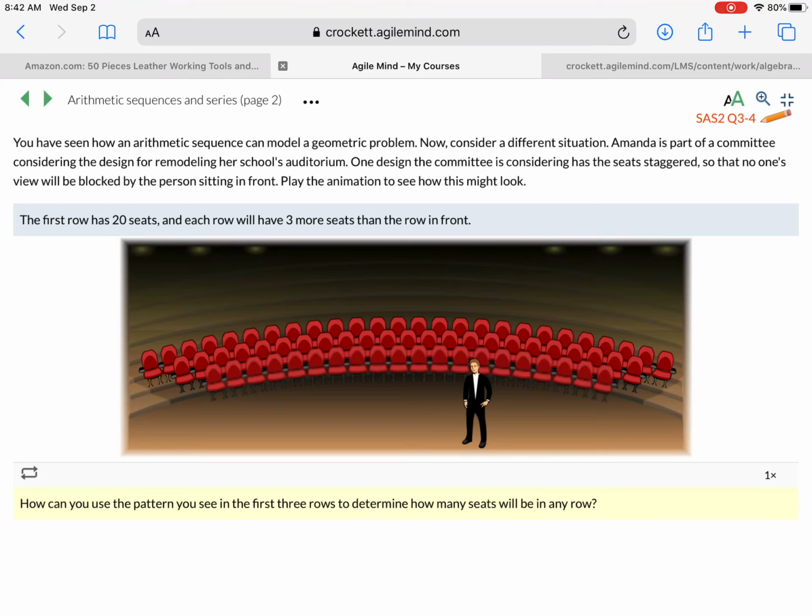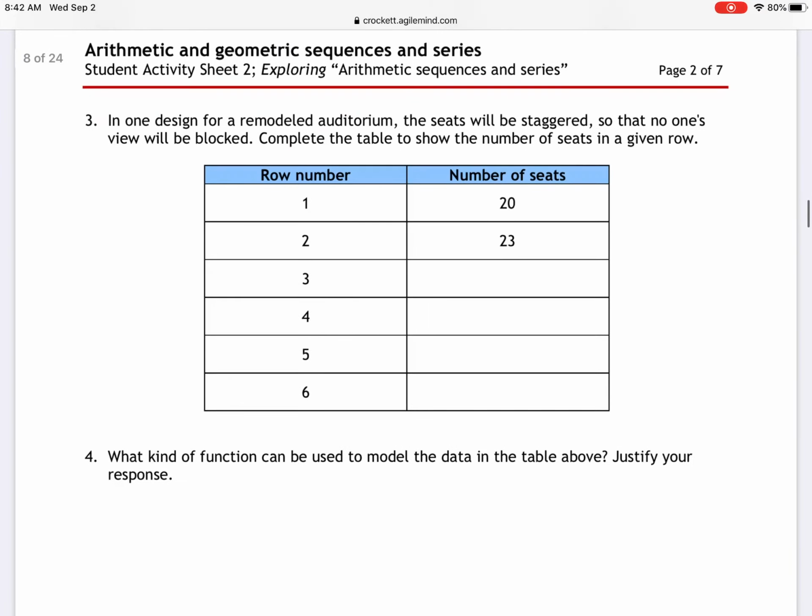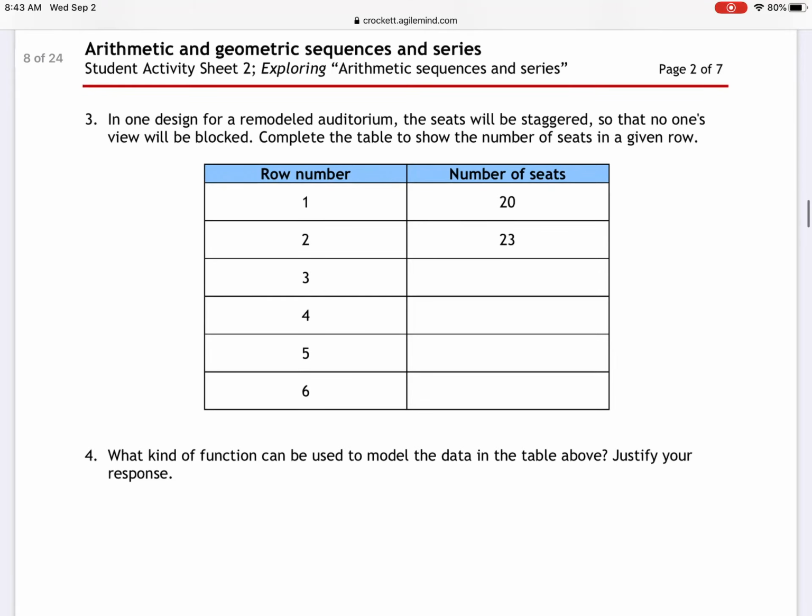Okay? So you have a chart on number 3, and I'm going to swap over to number 3. Okay, so on your number 3, we're going to fill in this chart.